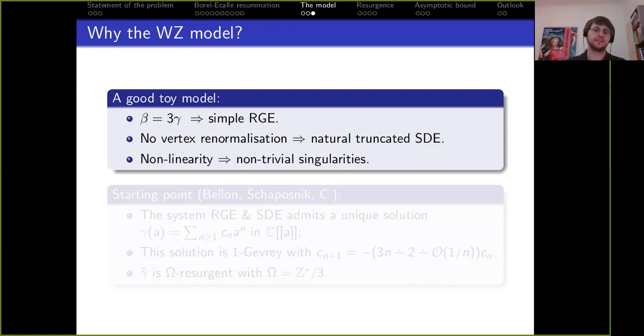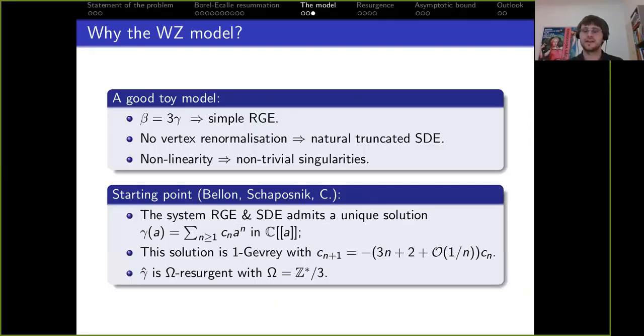That is not to say that if I had only one propagator, the singularities in the Borel plane would be trivial, not at all, but they might be simpler. So it's also a good model, and it has many important features of more physical models. And I think those two arguments are why this model has been studied before.